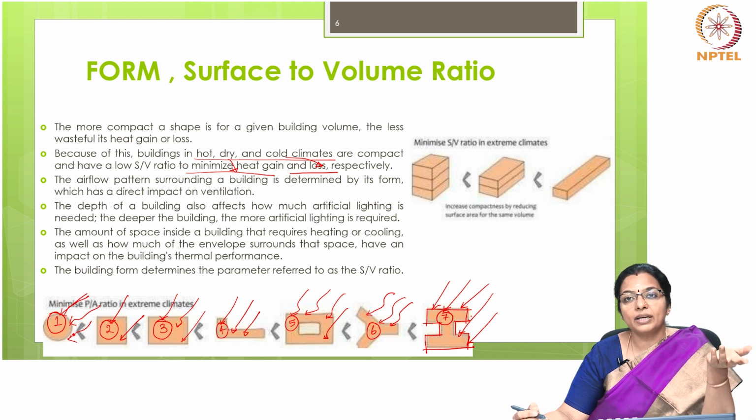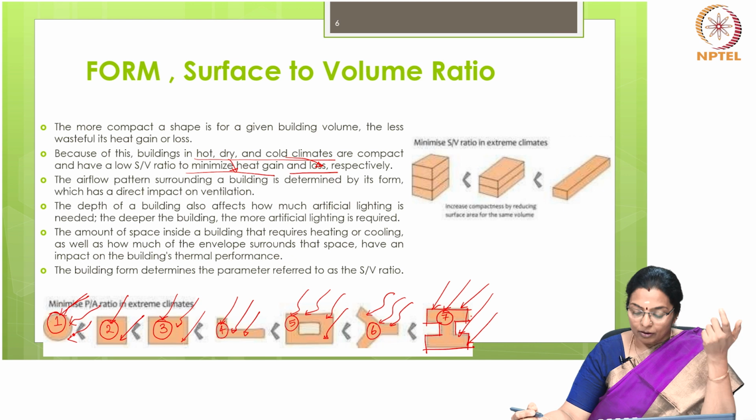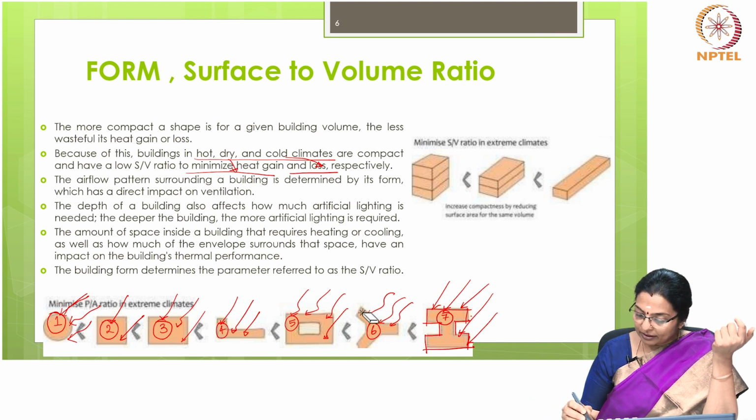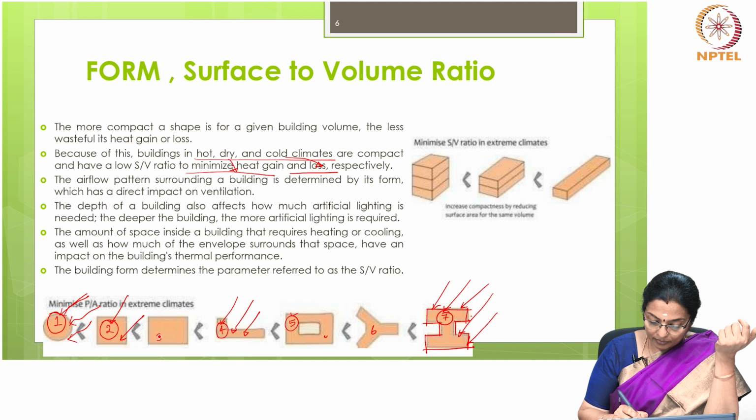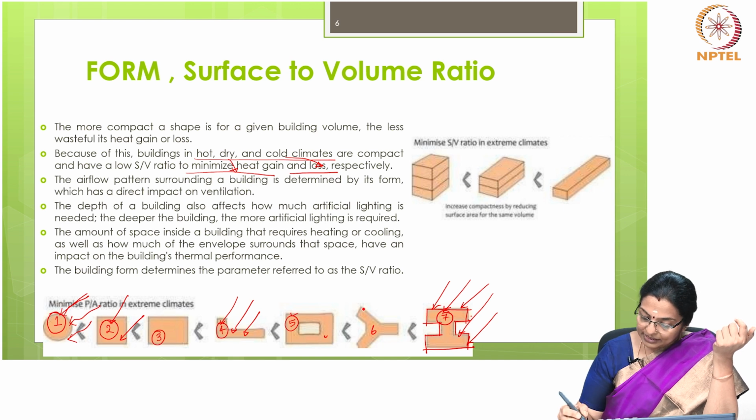The deeper the building, the more artificial lighting is required. For example, if we look at these cases, you can see that there is more exposure, and the building depth is much lesser.